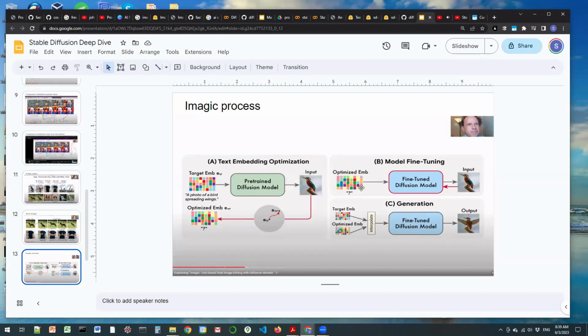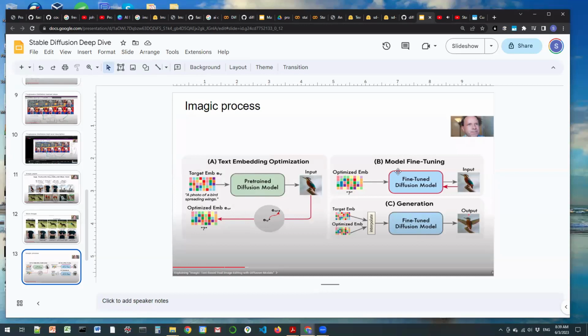Then the next step they do is take this optimized embedding and lock it in place. By that, the values of this optimized embedding are no longer changing. In this process, the model was locked and the embedding was shifted from where it started, the target embedding, to some optimized embedding.